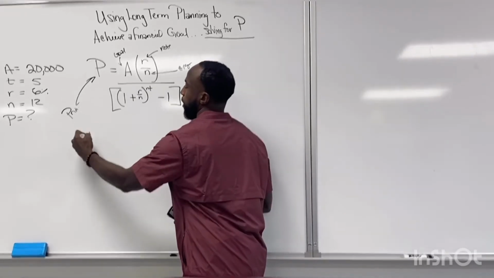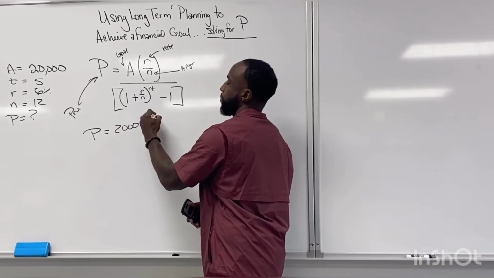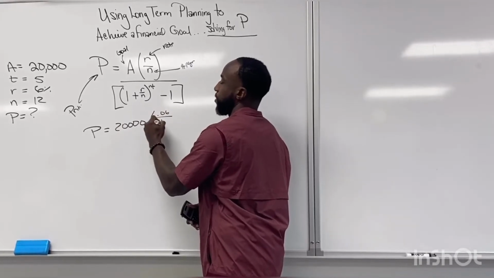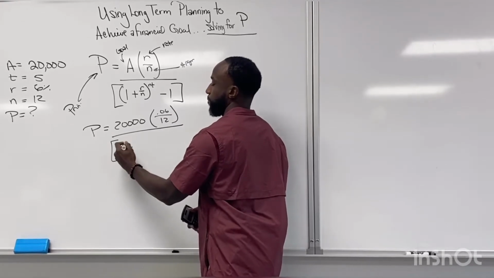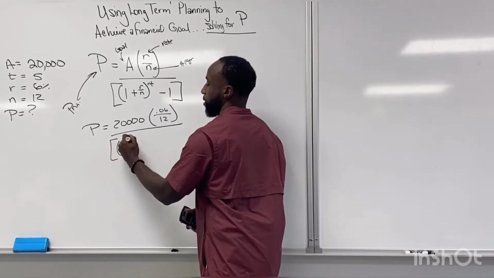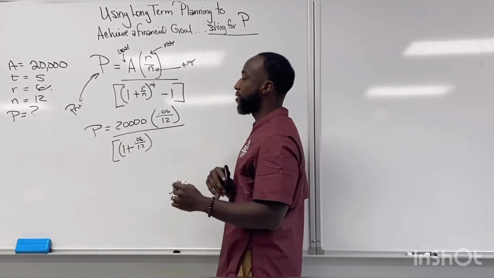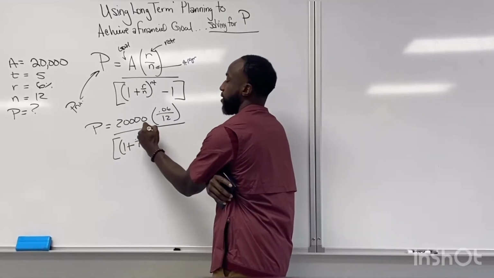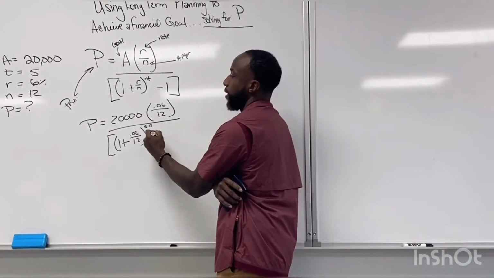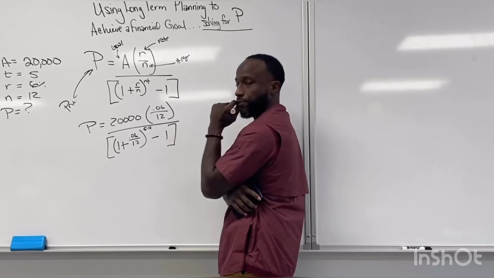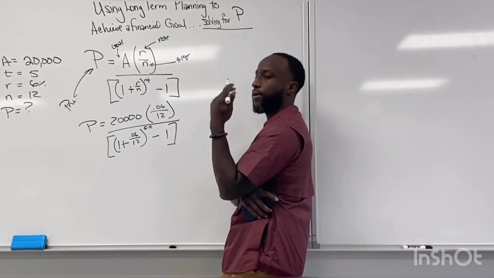So we got P equals A, 20,000, times 0.06 over 12, all over 1 plus 0.06 over 12, raised to the NT power. NT is 5 times 12, 5 years, 12 times a year, minus 1. Let's do it step by step and follow order of operations.